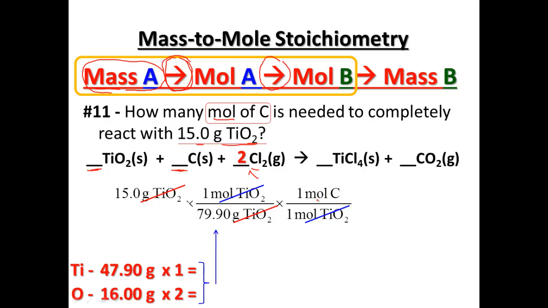So our moles of titanium oxide can cancel, and we're left with 0.188 moles of carbon are needed to react with 15 grams of titanium oxide. So we went mass, mole, and then from mole to mole, or the mole-mole ratio. So we did 2 conversions here.